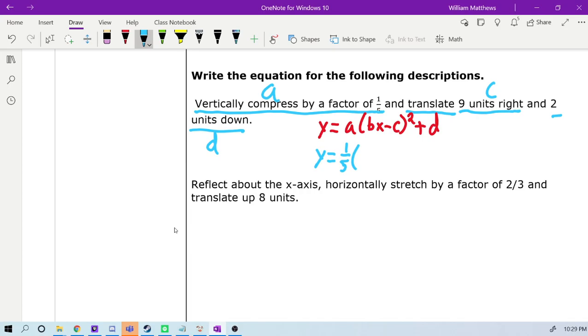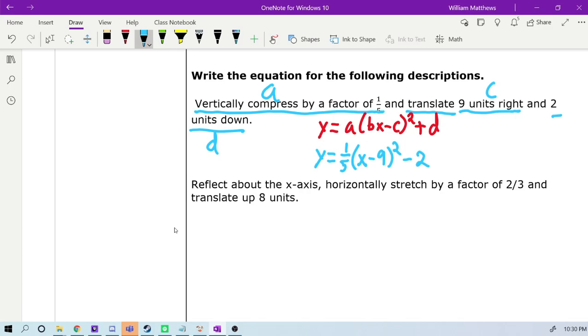We did not have a horizontal compression or stretch, so we do not need to write the B, still leaving the x that is a part of our function. Our C says opposite of what we have, where normally we would have a +9, we need to write the opposite, which gives us -9. Finish it out squared. And then we also have our D variable, which says 2 units down. Since it's a positive D, we write it exactly as it states, down being negative.